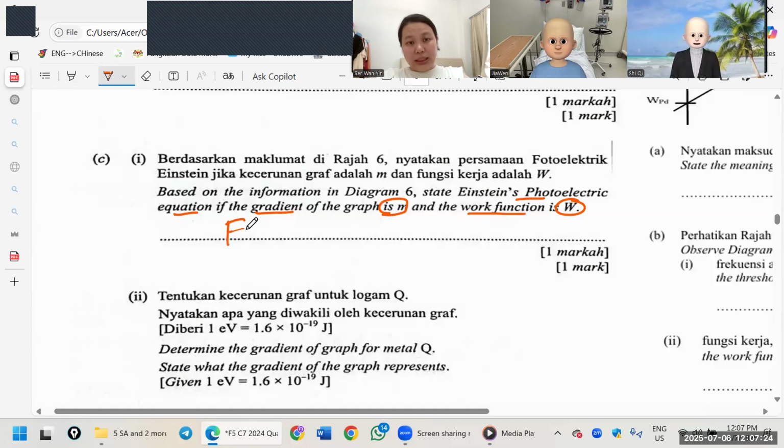So we say E equals work function plus KE max. So the gradient of the graph would be m. Oh, sorry, cannot. This one we will leave first.